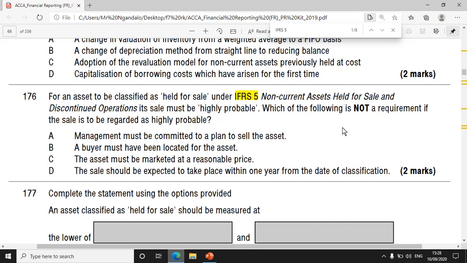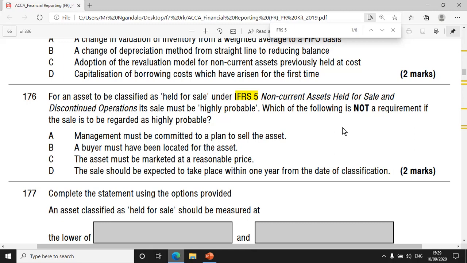176 says for an asset to be classified as held for sale under IFRS 5, non-current assets held for sale and discontinued operations, the sale must be highly probable. Which of the following is not a requirement? Number 1, management must be committed to a plan to sell the asset. Well, that is okay. B, a buyer must have been located for the asset. I don't think so. C, the asset must be marketed at a reasonable price.